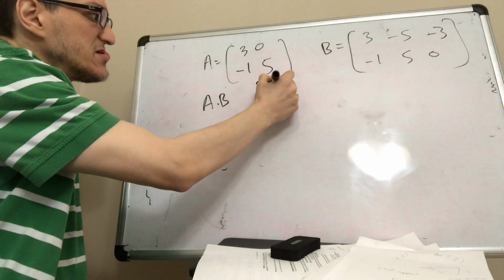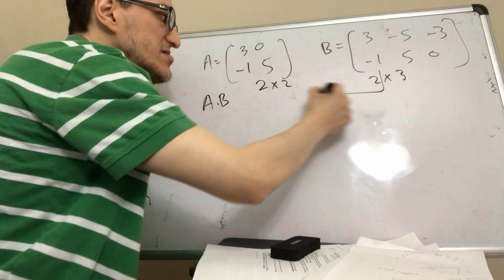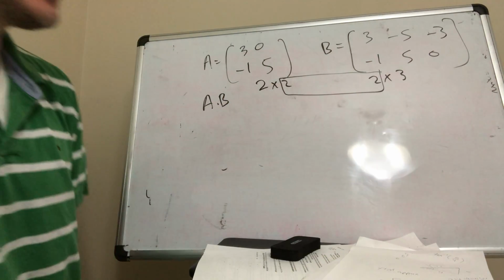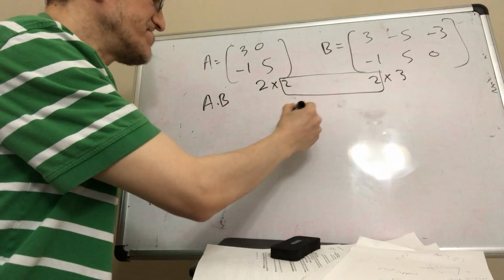The size of this matrix is 2 by 2. This one is 2 by 3. These two numbers match. Yes, you can. And the result would be a 2 by 3.